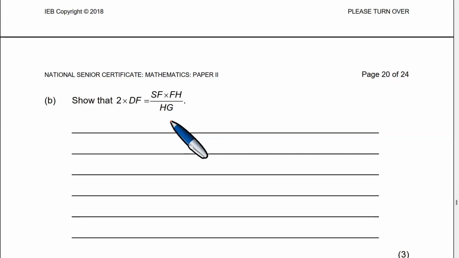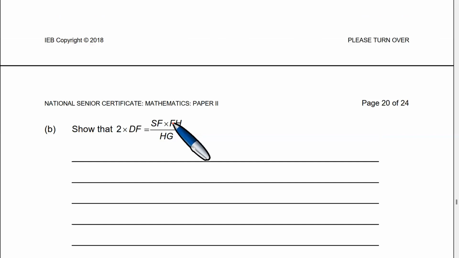So we're going to work in DSF and OGF. Okay, let's see that. Please say again. I need to write it down. In DSF and OGF triangle. You said DSF? Yes, sir.